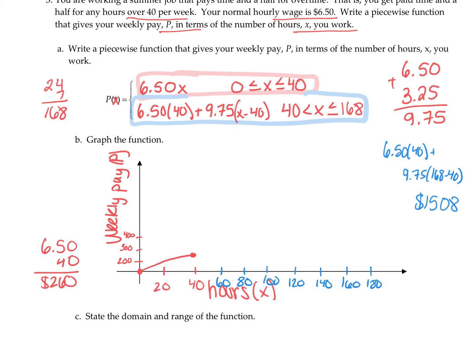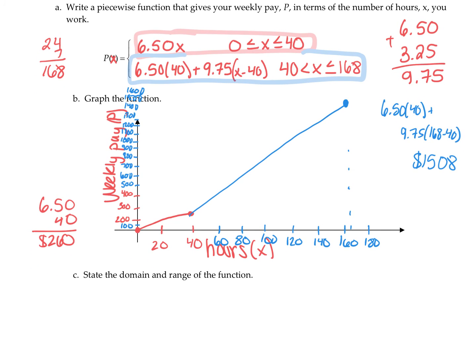So 168, and then 500, oh yep, so 100, 500, 600, 700, maybe I should have gone by a bigger, that's okay, 900, 1,000, 1,100, 1,200, 1,300, oh, I'm running out of room, 1,400, 1,500, 1,600, okay, so at 168, try to draw that straight up as possible, I would make $1,508, so let's say it's about there. So that blue line represents that second function.